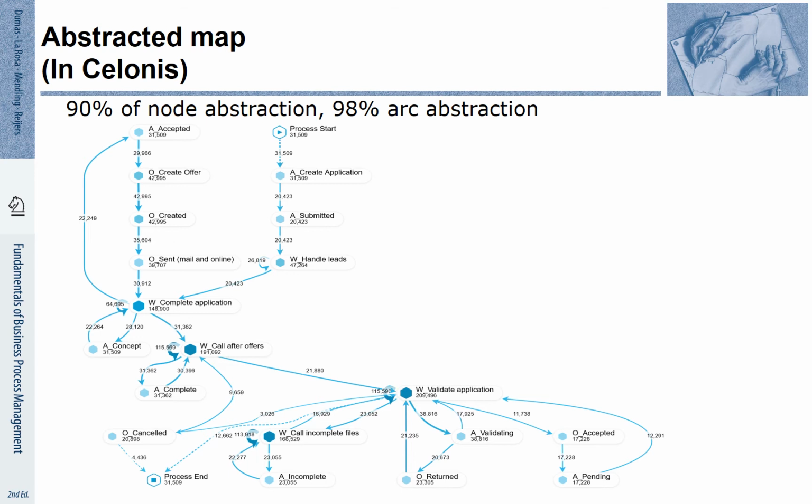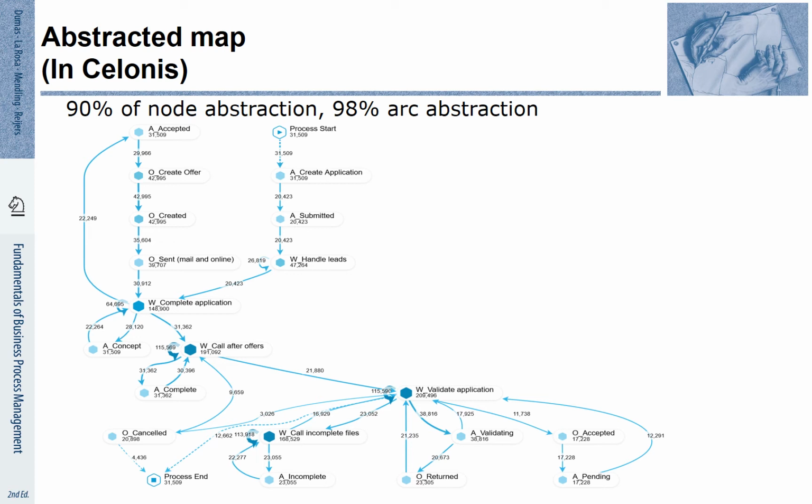Now we get a much better understanding of this process. The process starts with create application and this application being submitted. Then we observe the event handle leads until we arrive at a point that is called complete application.